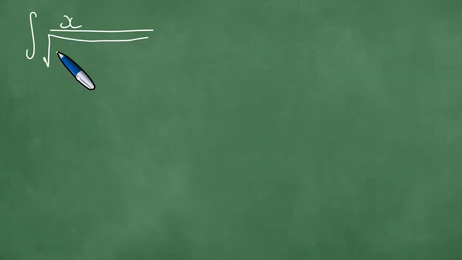We have the integral of x, and in the denominator we have the square root of 27 minus 6x minus x squared dx.